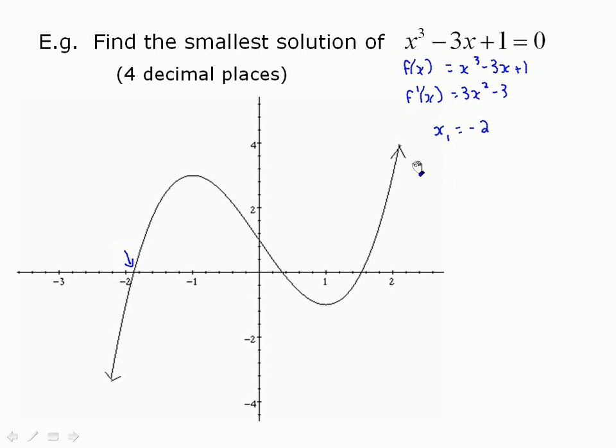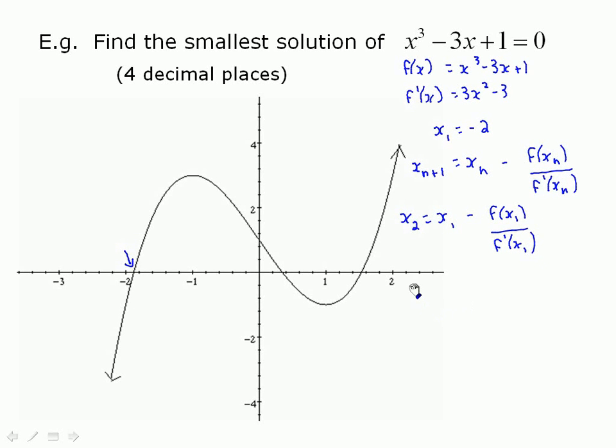And the formula, xn plus 1 is equal to xn, the previous term, minus f at xn divided by f prime at xn. So if we want to get x2, we would go x1 minus f at x1 divided by f prime at x1.